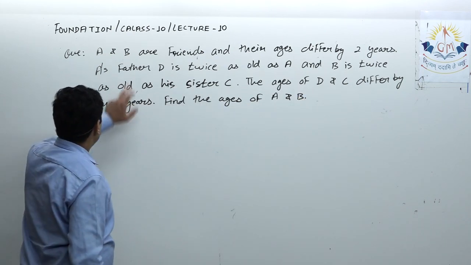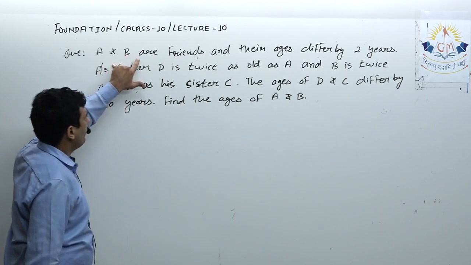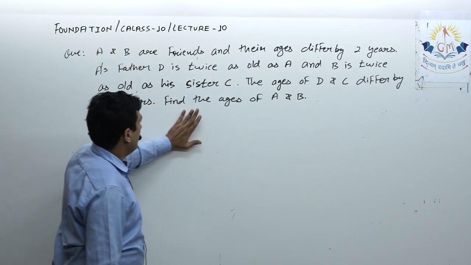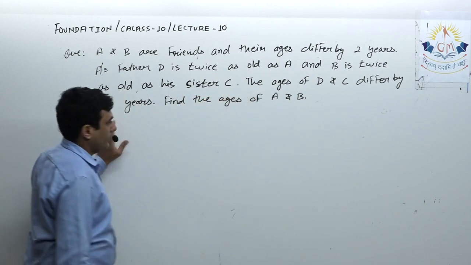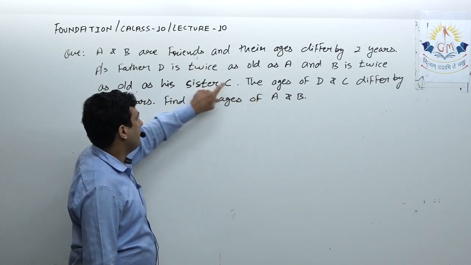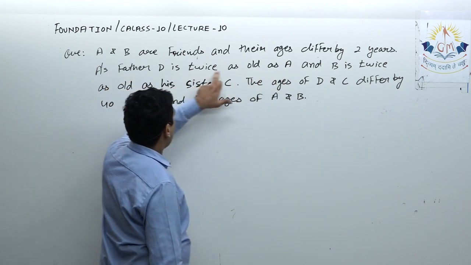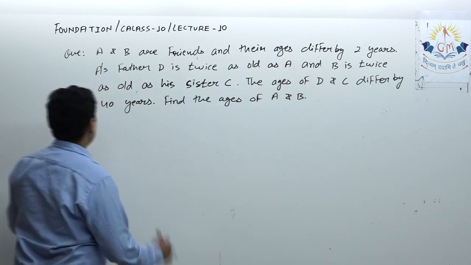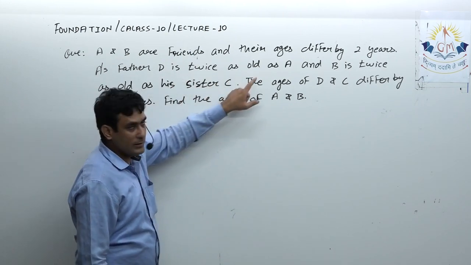Okay, so first relation, it is given that the difference between the ages of A and B is 2 years. This is the first thing. Now the second relation in the question is that the ages of D and C differ by 40, but the ages of D and C are related to the ages of A and B. For example, A's father D is twice as old as A and B is twice as old as his sister C. So first of all, we'll assume the ages of A and B and obtain the first relation.